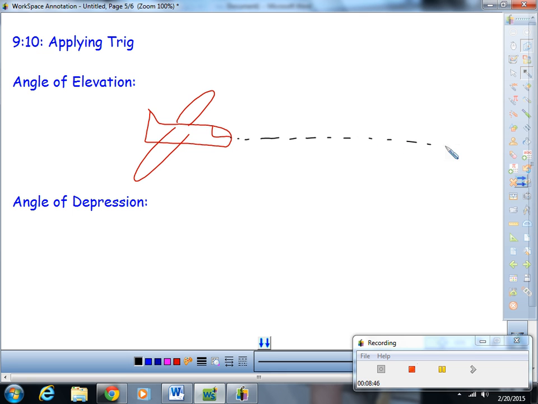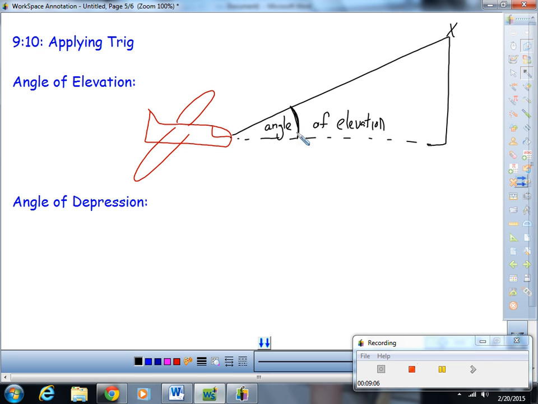So if you see another object approaching you forward, this right here would be the angle of elevation. Right here. Okay?